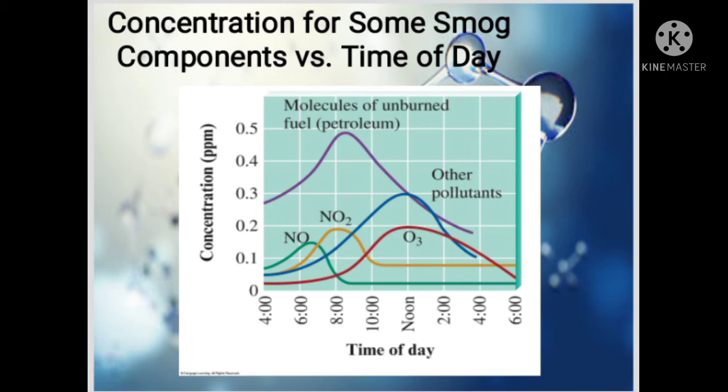It has not yet reached 0.5. So in the other pollutant, we have here the 2 p.m. No, it's not 2 p.m. Noon, 12 noon, at exactly 0.3 concentration. So we have here the 0.3 O3. At noon also, 12 noon, we have a 0.2 concentration.